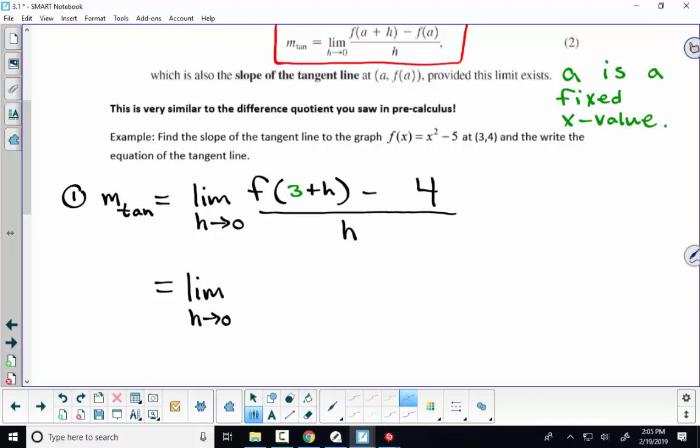So this was h squared plus 6h plus 4 for f of 3 plus h, and that's minus 4 all over h.